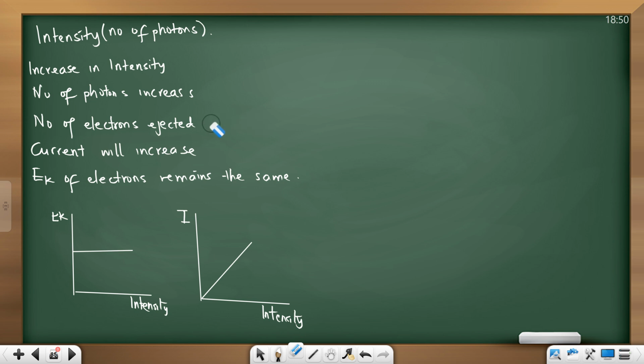Number of electrons ejected per unit time, because we're talking about current. Yeah, that's very important because current is measured with time, right? Current will increase, and that's your graph there. Kinetic energy will remain constant as intensity increases.